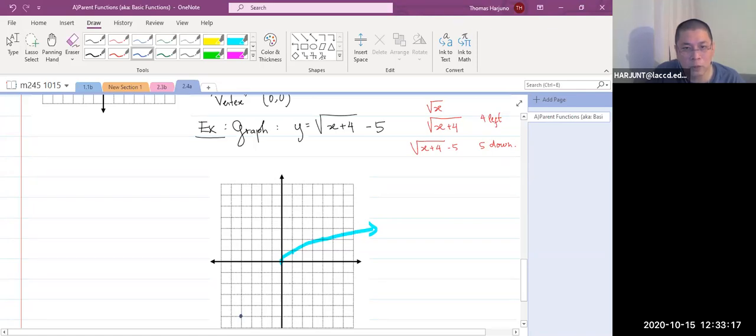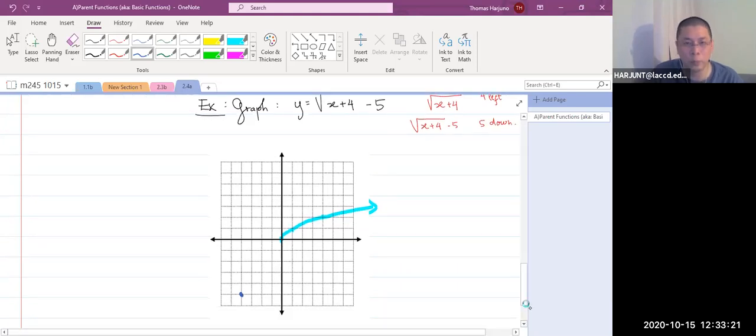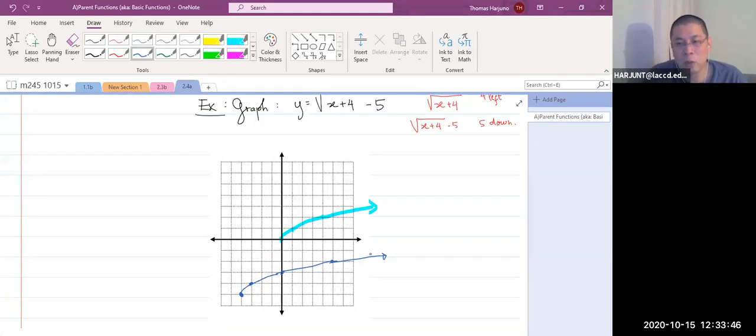So now my new vertex will be there. From there, you build the rest of the coordinates. Up 1, right 1, up 2, right 4, up 3, right 9. Okay, so the graph of square root of x plus 4 minus 5 looks like this. Now from there you observe what's the domain, what's the range.